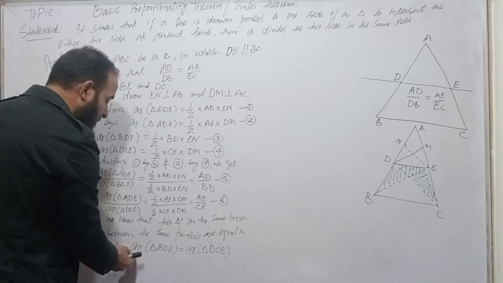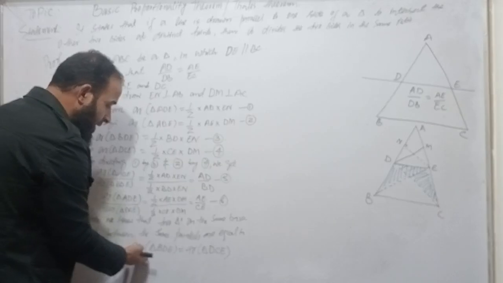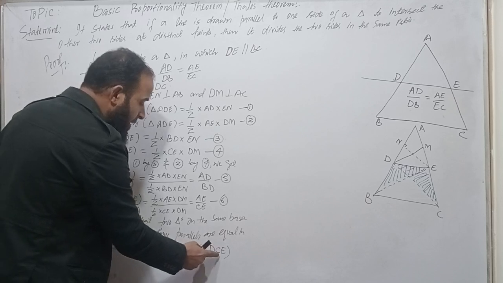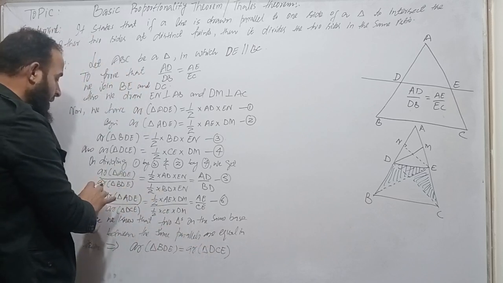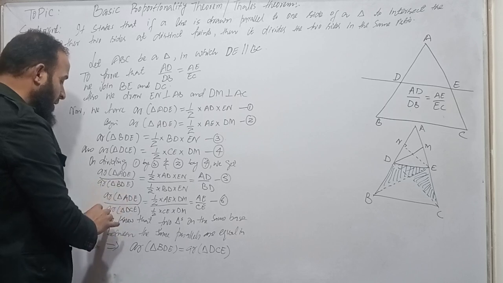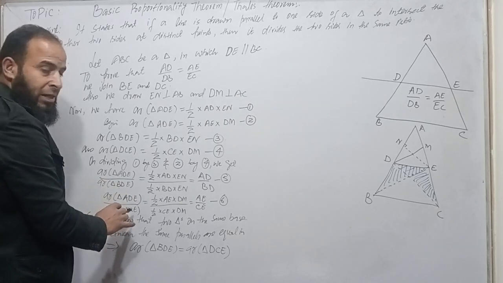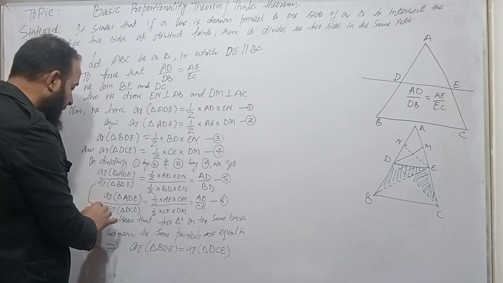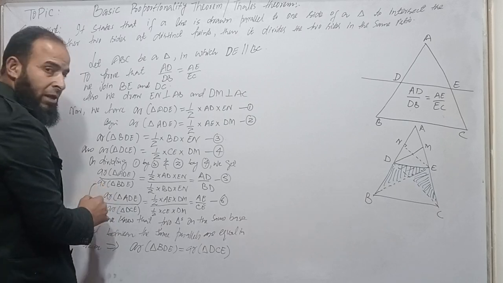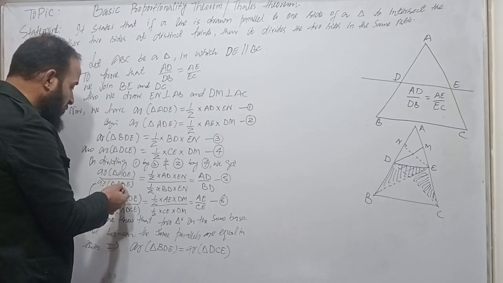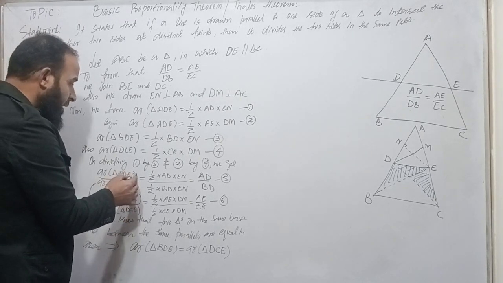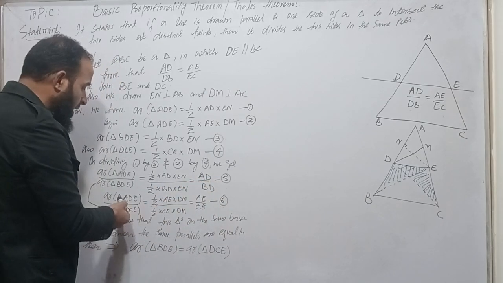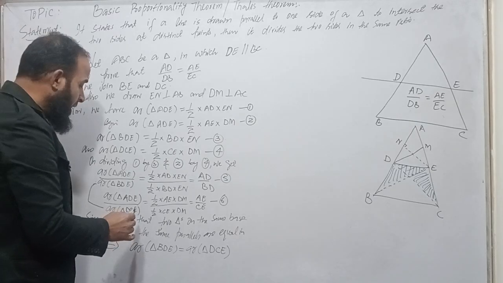Now what we will get from this? Area of triangle BDE is equal to area of triangle DCE. See, here it is area of triangle BDE, it is area of triangle DCE. That means areas of these two triangles are equal. Also the numerators of these two are equal, that means left hand sides of equation 5th and 6th are equal.